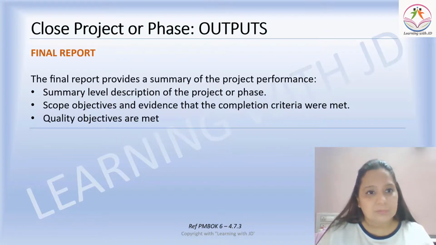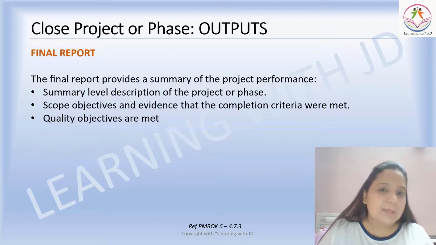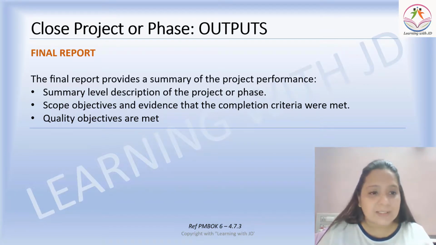And the final report. The final report provides a summary of the project performance, the summary level description of the project or the phase, scope, objectives, and the evidence that the completion criteria were met, which is all the signatures, all the stamps, and acceptance criteria. The quality objectives are met.